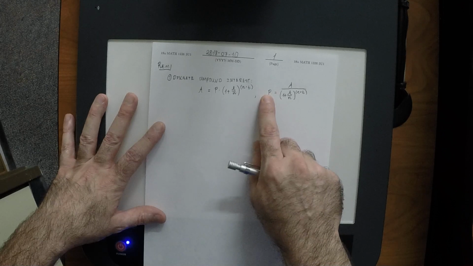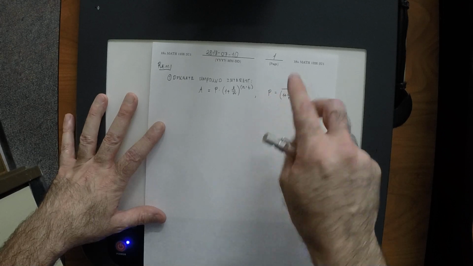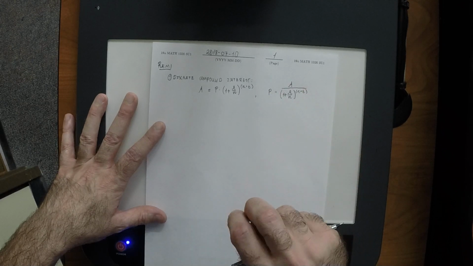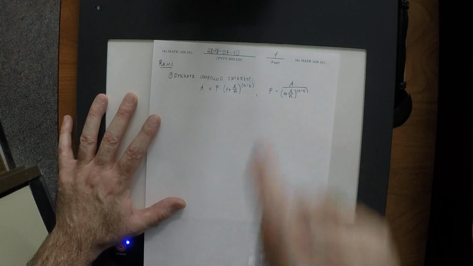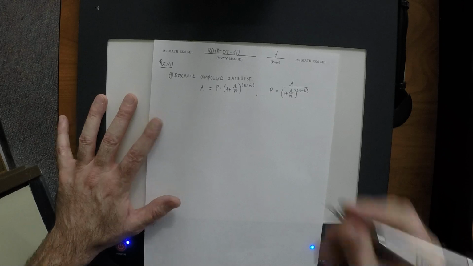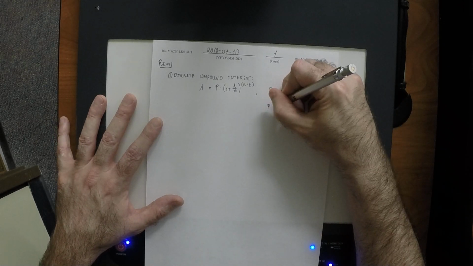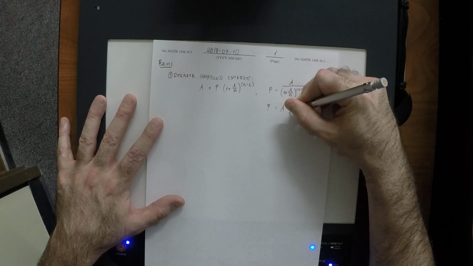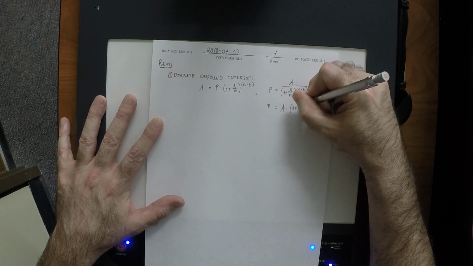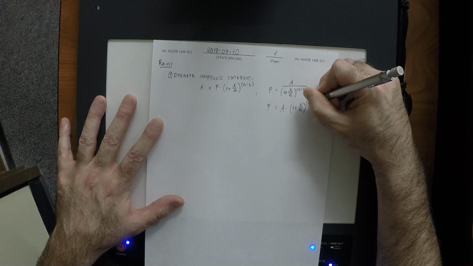I want P to remain as it is and A to remain as it is, but I want to somehow move that up. We'll negate the exponent, right? So then, in particular, we could write P is A multiplied by (1 + r/n), but now with exponent negative nt.